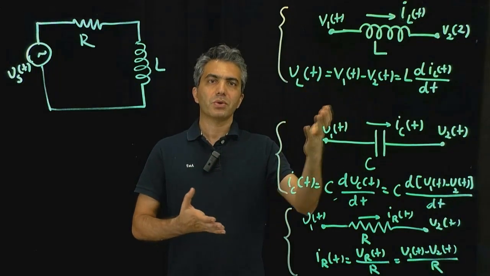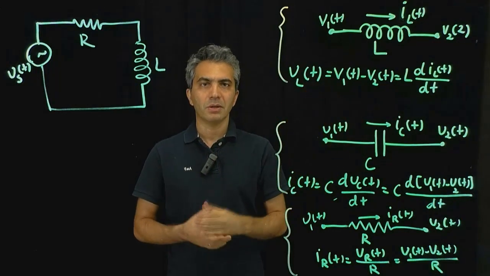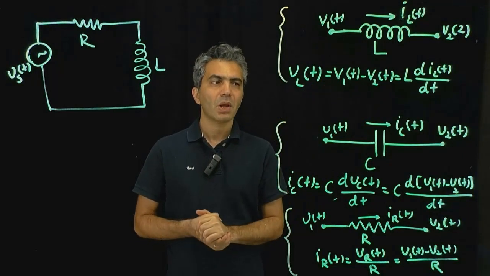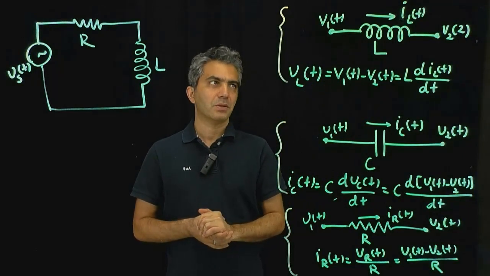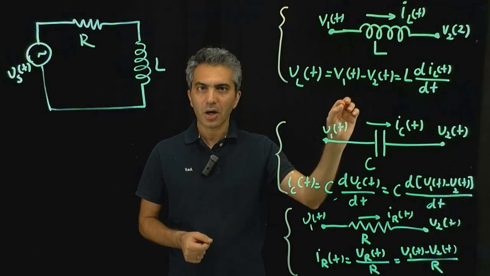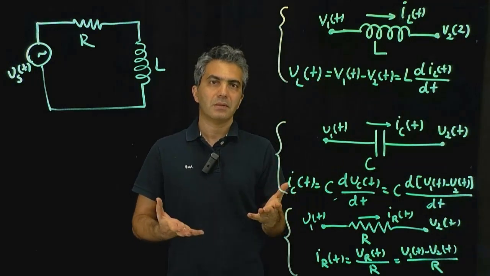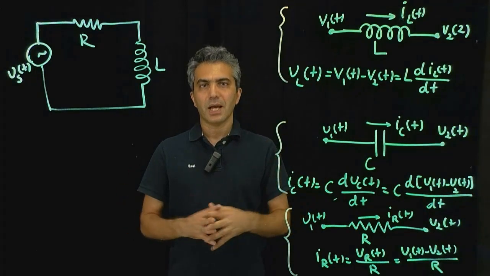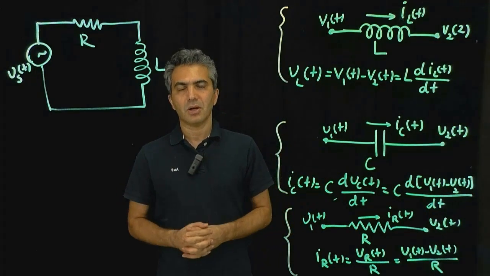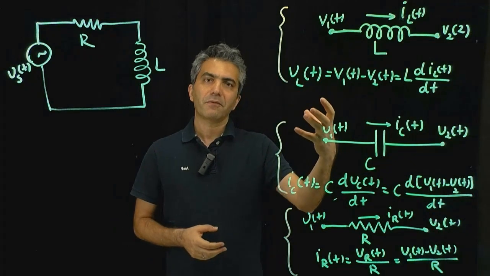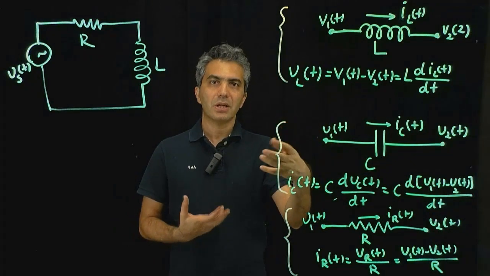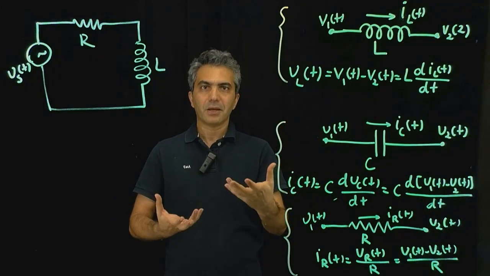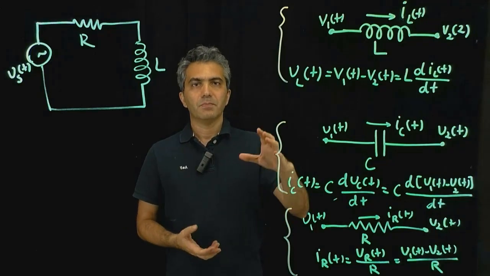So as soon as you have a conductor and there is a current passing, there is a magnetic field that is going to be induced around that conductor. Now, that magnetic field is going to conserve energy in the form of magnetic energy, right?